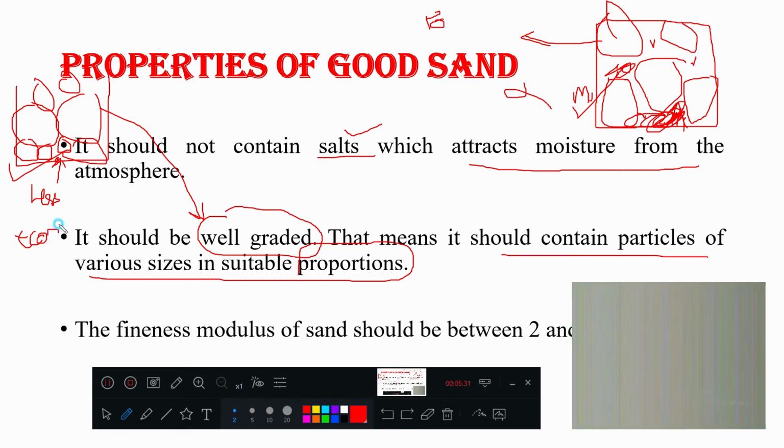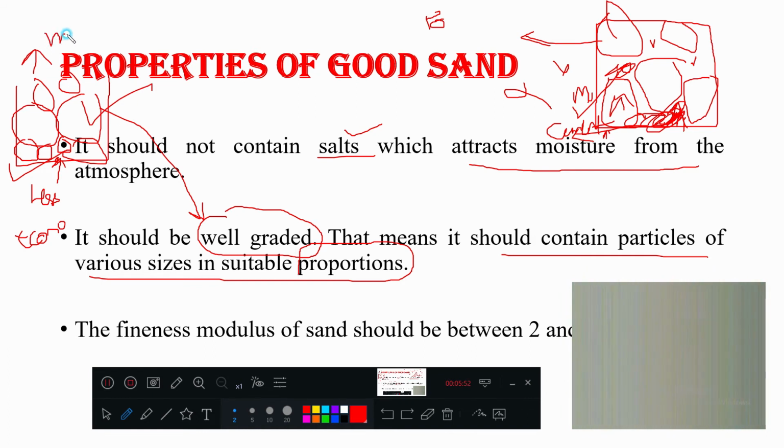Here it will be stronger. Here more voids are there, cement paste is more. Cement paste is generally weaker than the aggregates. In wet condition, cement paste is weaker, so this is not as strong compared with the other.